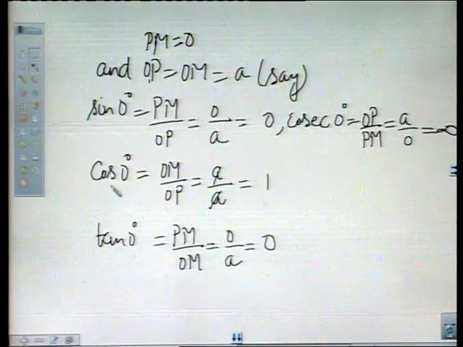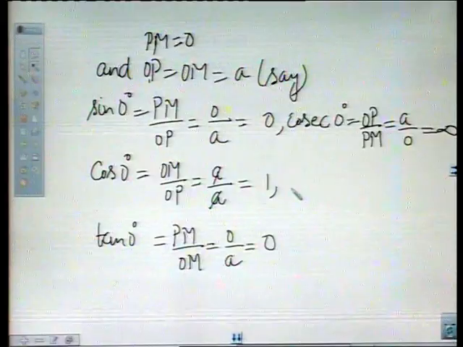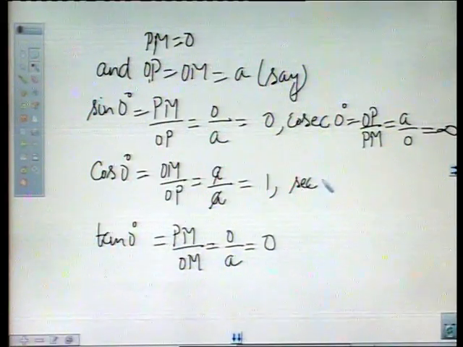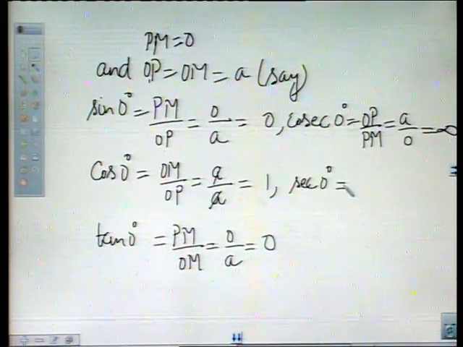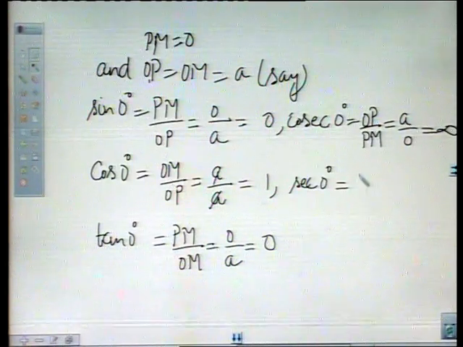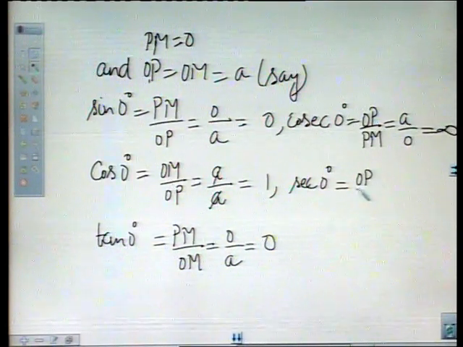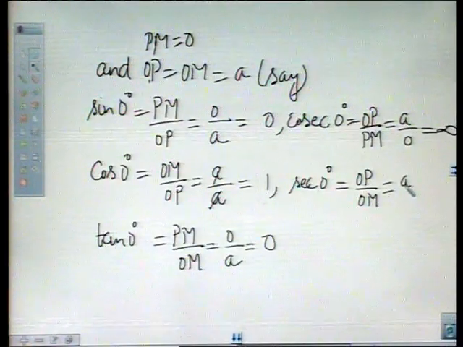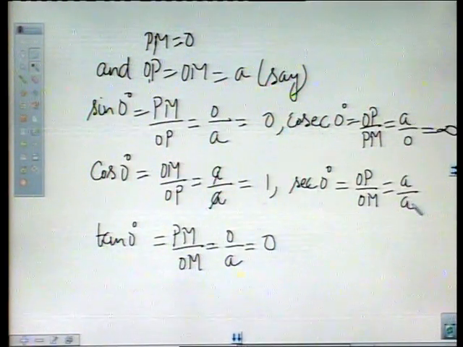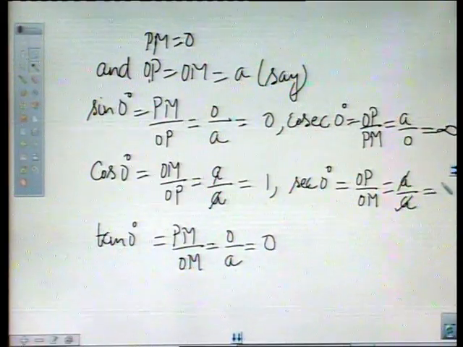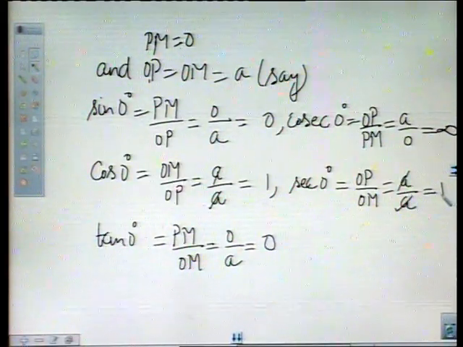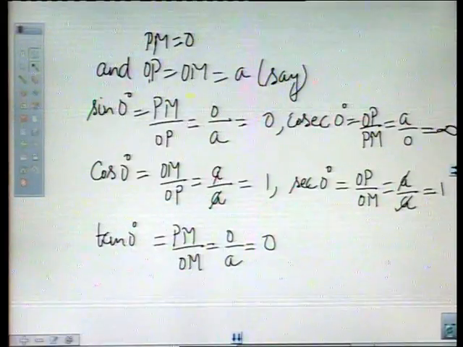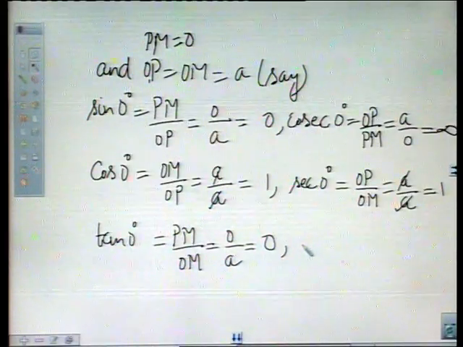Next, the reciprocal of cos 0 we know is secant 0 degree, and this will become OP over OM. Value of OP is A, whereas value of OM is also A. This cancels down and we get the value of secant 0 degree as 1. Next, the reciprocal of tangent is cotangent.